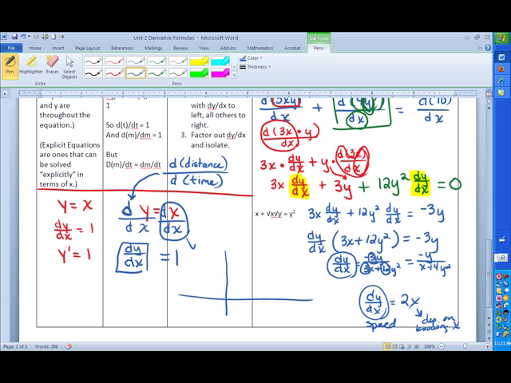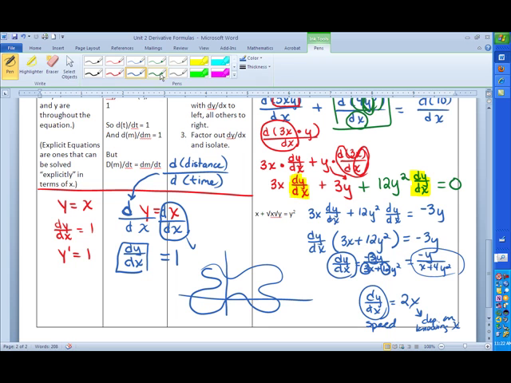But what this is saying is that your speed at any point is not only determined by x, but it's also determined by your location of y. Here's what that graph might look like. Just something crazy like this.